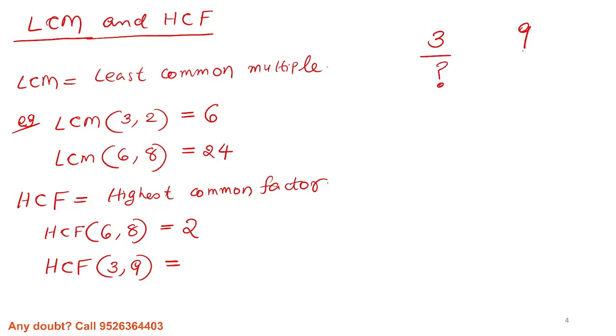I have to divide these two numbers by something. I require the common number. The highest number will be 3. 3 is divisible by 3. 9 is also divisible by 3. So I hope you have understood.